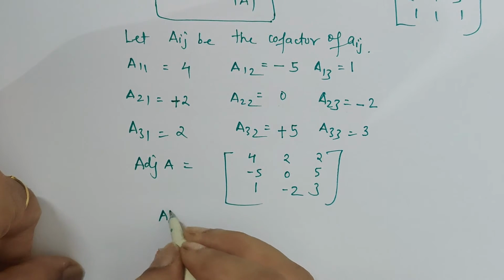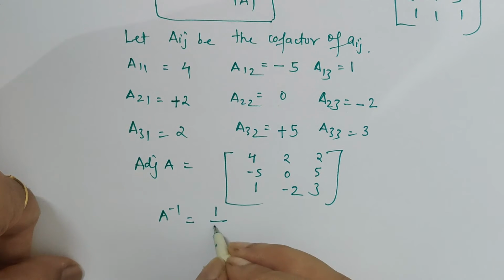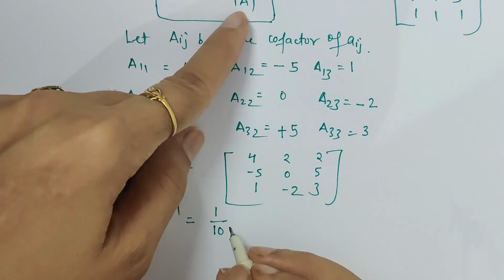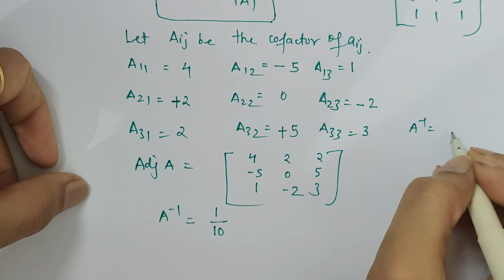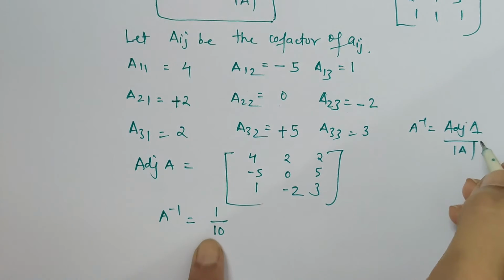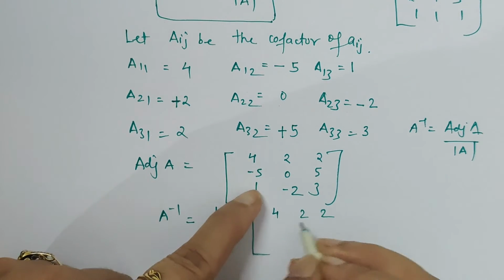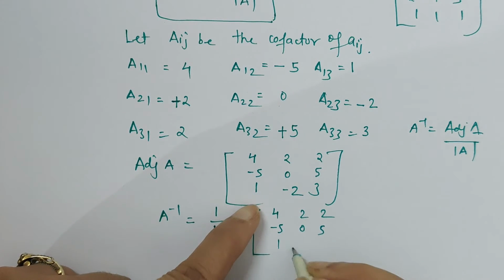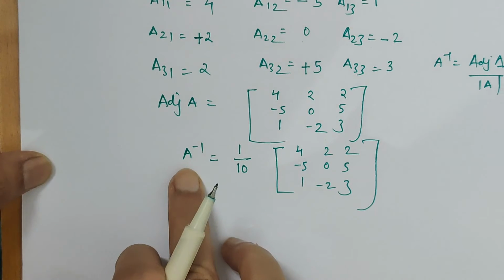So the inverse of the matrix is 1 upon 10, because the A inverse formula is adjoint of A upon determinant of A. So we divide by 10 and then the adjoint of A: 4, 2, 2, minus 5, 0, 5, 1, minus 2, 3. This is my adjoint of A. Now we have A inverse also.